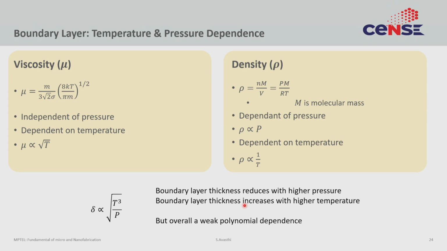Viscosity tends to increase with temperature for gases, and density tends to decrease with temperature for gases, partly because density is proportional to pressure, and at high temperatures the pressure tends to be lower. So, overall, the boundary layer, which depends upon both mu and rho, has this formula where it's T to the power 3 halves dependent on temperature and inversely dependent on pressure.